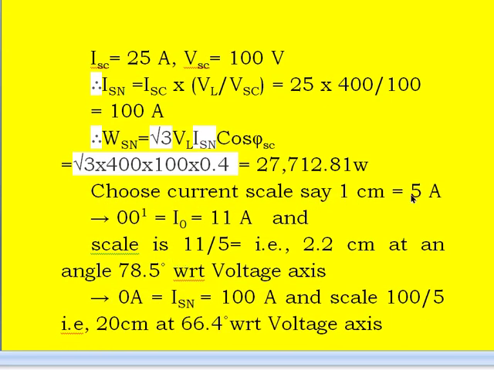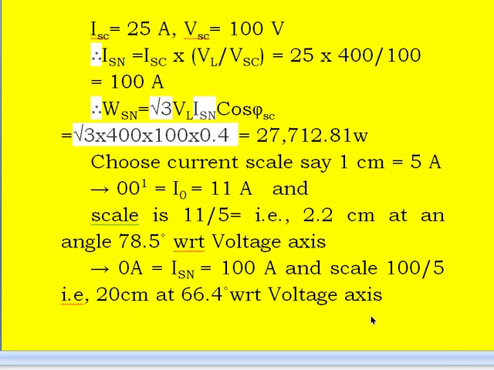Having chosen the current scale as 1 centimeter equal to 5 amperes, and we know the no load current is 11 amperes, we can find the length of the no load current on the graph as 11 by 5, that is 2.2 centimeters, and that should be drawn at an angle of 78.5 degrees with respect to the voltage axis, that is the y axis. Similarly, ISN we just calculated is 100 amperes.